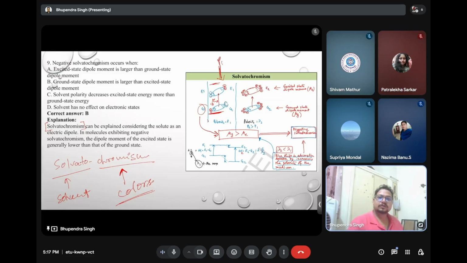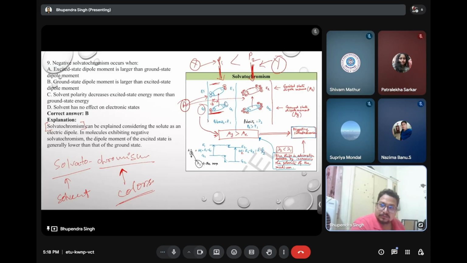I'm assuming solvent X. The solvent polarity is P1. In this case, the same molecule, let's say molecule A, the same molecule A is here in a different solvent, which I'm calling Y. The polarity of this solvent Y is P2, and the condition is that P2 is higher.